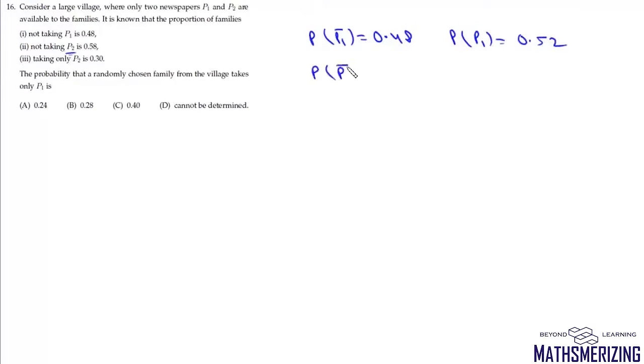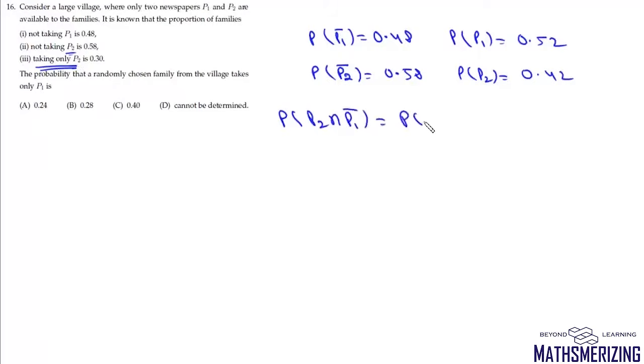So that is P2 not, it is 0.58. That means the probability that a family takes P2 is 1 minus 0.58, it will be 0.42. Now the next one is the proportion of families taking only P2. So that means this is P2 intersection P1 not.